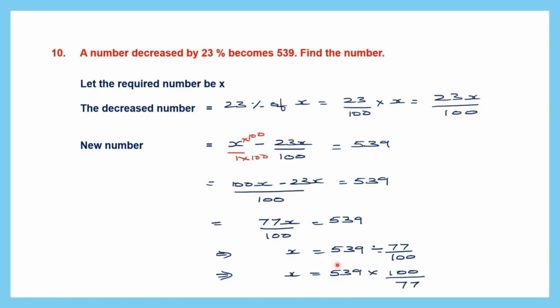Here we can cancel 539 and 77 both by 77 itself. So 77 ones and 77 sevens. Now multiply the numerators. 7 into 100 is 700. So we have found the number, and the number is 700.